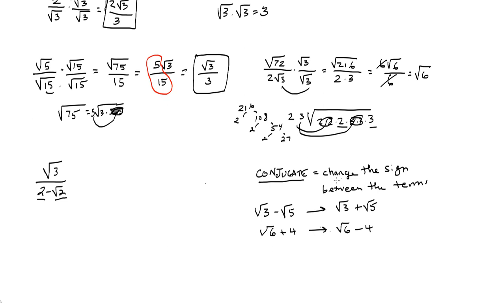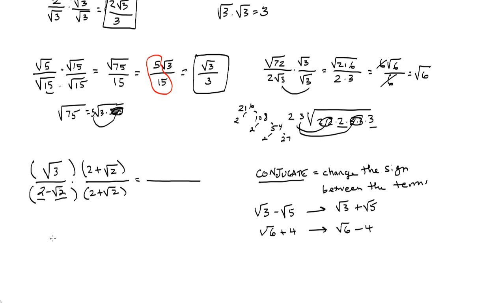So what you're going to do is multiply the top and the bottom by the conjugate. So we're going to multiply the top and bottom here by 2 plus radical 2, which is the conjugate of what we had on the bottom. See, on the bottom we have 2 minus radical 2, so we're going to be multiplying by 2 plus radical 2. Let's see how that helps us.